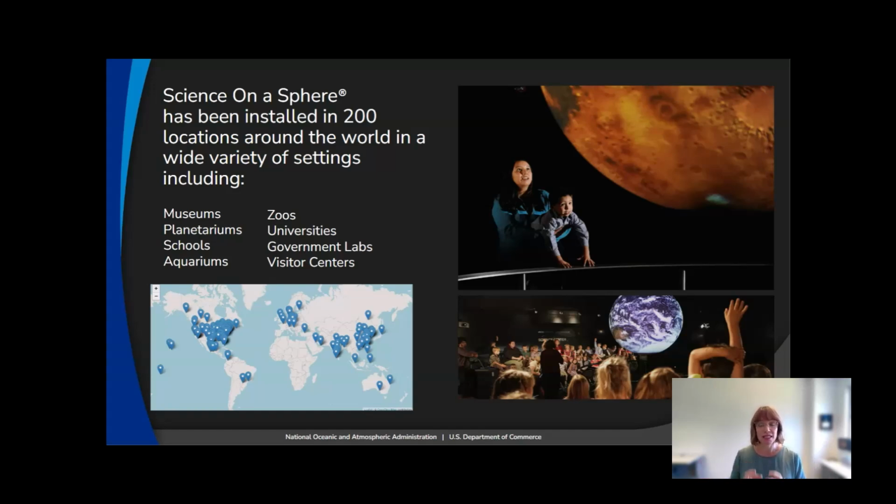And all of these sites have been invited to be part of our SOS Users Collaborative Network. With all the active SOS sites, we share a catalog of over 500 data visualizations and educational movies, including 45 near real-time, constantly updating data sets that are mostly from our NOAA satellite partners.